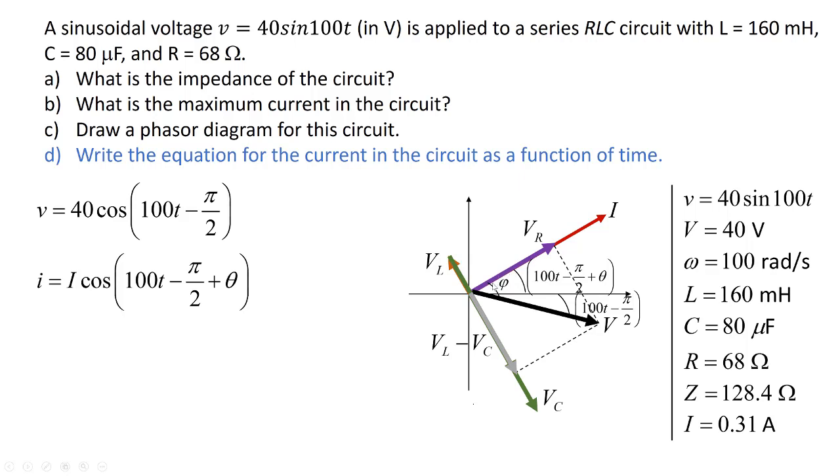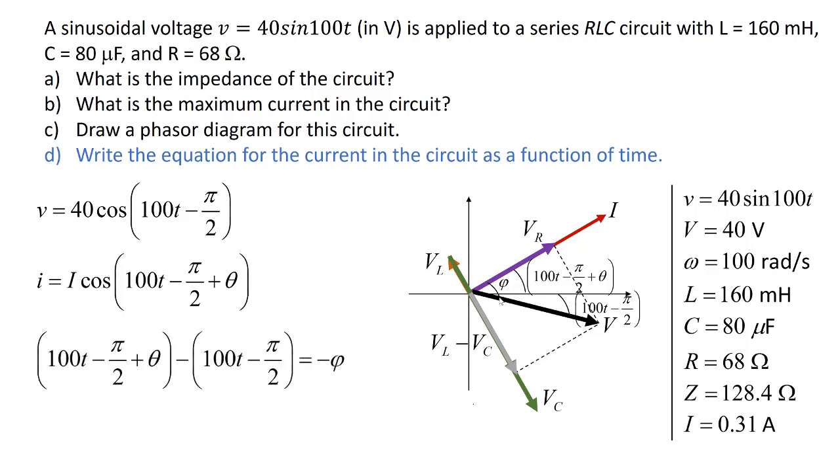But the phase angle, the angle between the current and the voltage, phi, is something that we need to figure out. Well, if you look at these angles, remember, the angle to the current is measured counterclockwise. The angle to the voltage is measured clockwise. Therefore, one is positive, one is negative. But if you add up these two angles, you actually get the angle phi.